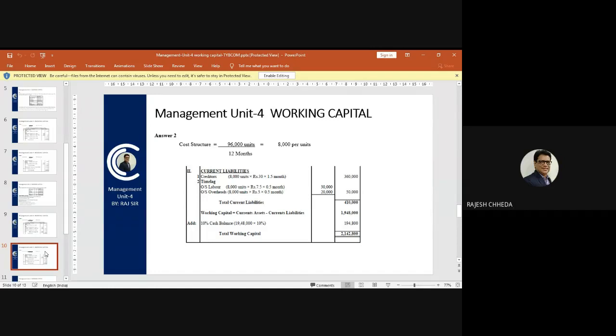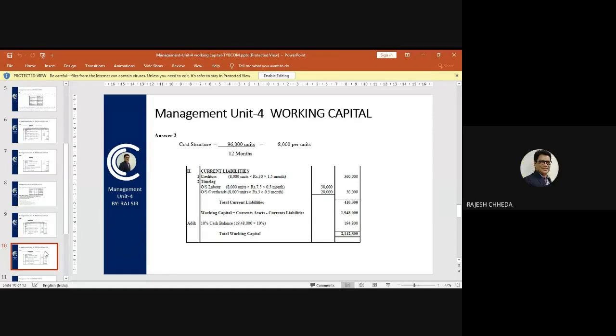Has everyone followed this much? Yes, sir. And last, one more adjustment is that 10% cash balance needs to be maintained all the time. 10% of working capital. So my working capital is 19,48,000. I am calculating 10% of that, which comes to 1,94,800.